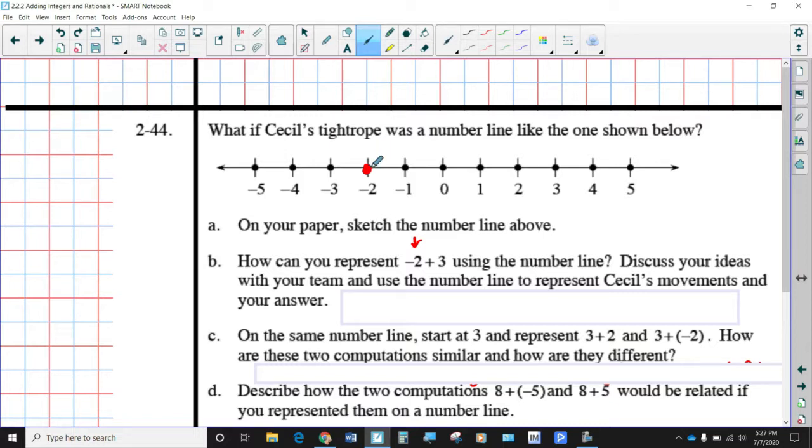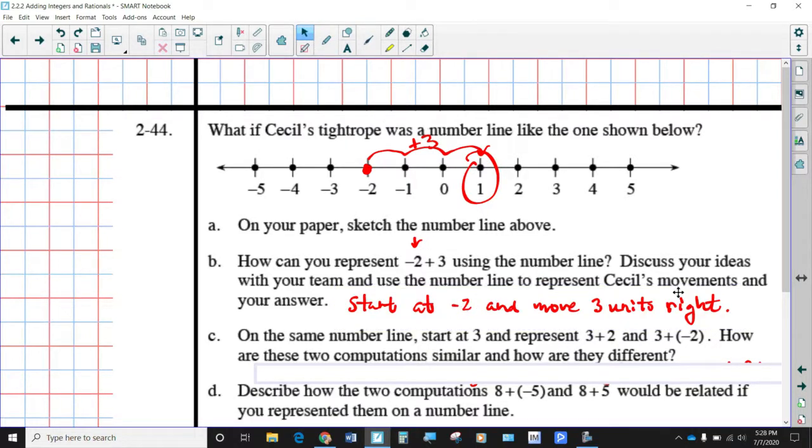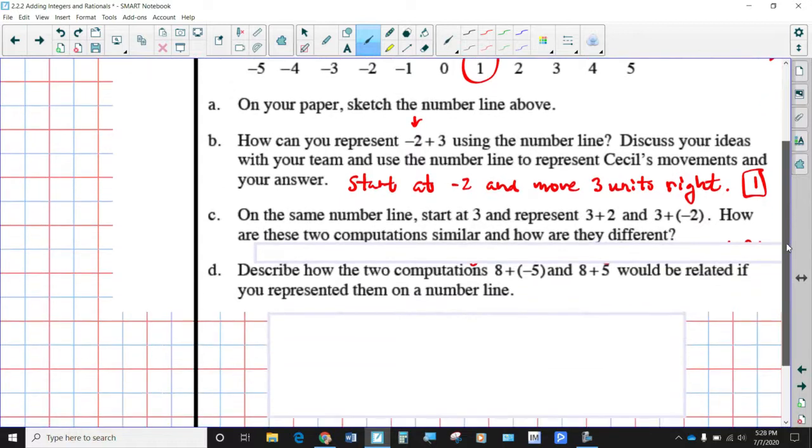And so forward on his tightrope is like moving 3 units to the right, correct? 1, 2, 3. So that is plus 3 movement, which means that -2 plus 3 must be equal to 1. So you start at -2 and you just move 3 units to the right. Your final answer is going to be +1. That's where he's going to stop there.